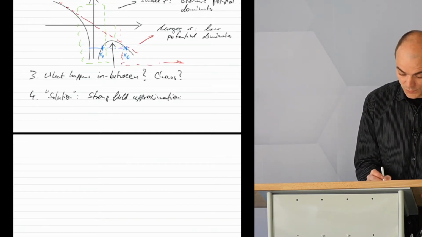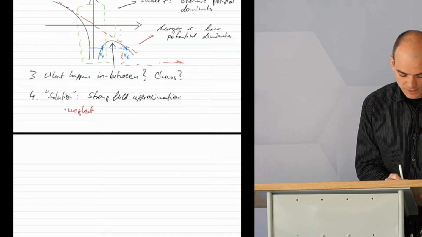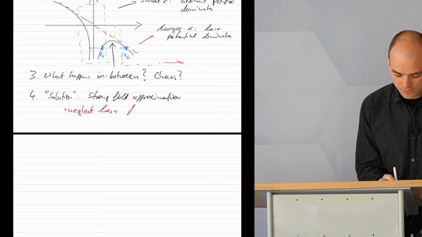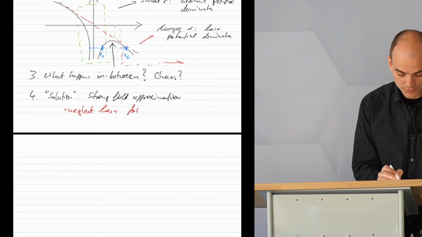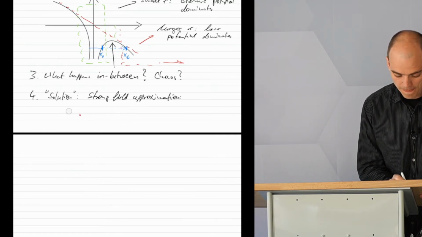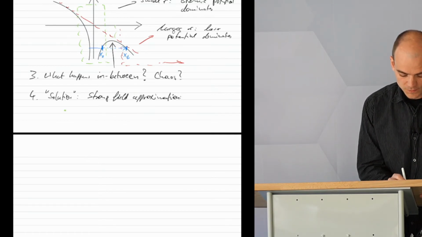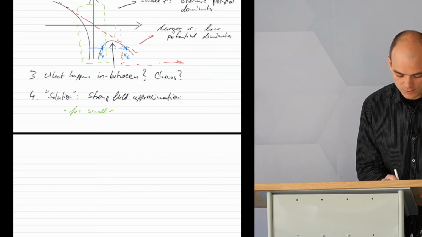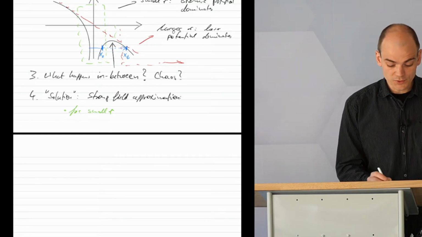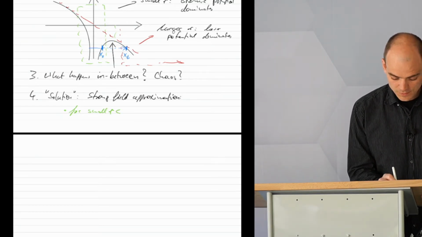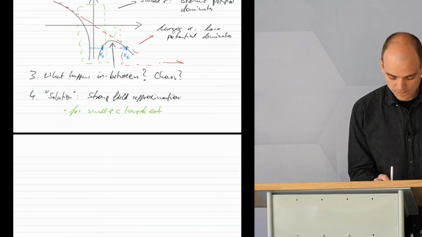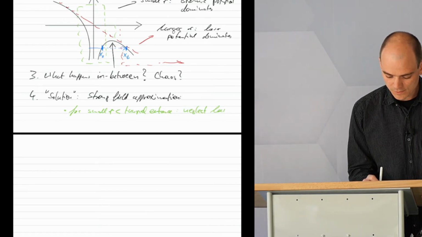So the solution is, first, neglect laser for small r, and this would mean r is smaller than x0, the tunnel entrance. Neglect laser.